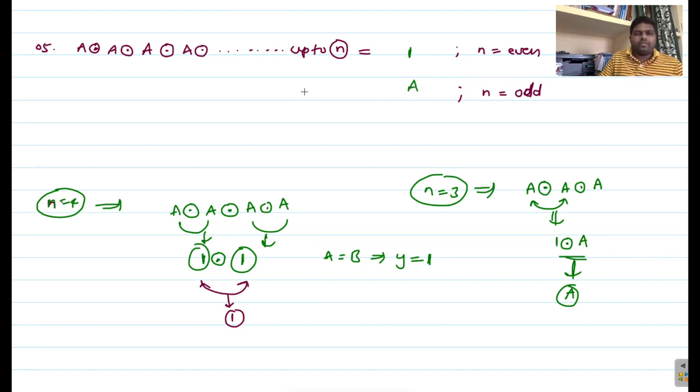So this is your fifth property, and some more properties are also there. Those I am indicating here. Note, here we have certain properties: A bar XOR B, A XOR B bar, A bar XNOR B and A XNOR B bar.